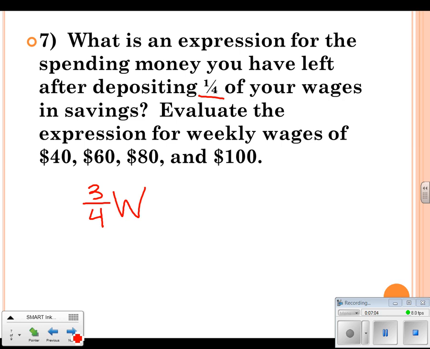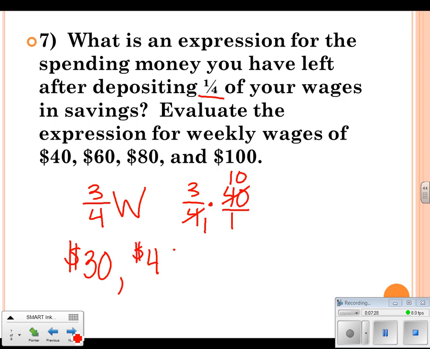So we do 3/4. For example, the first one we do 3/4 times 40, which if you look as rational numbers, I can reduce 4 and 40. 3 times 10 is 30, so $30. If you do 3/4 times 60, you end up with $45.